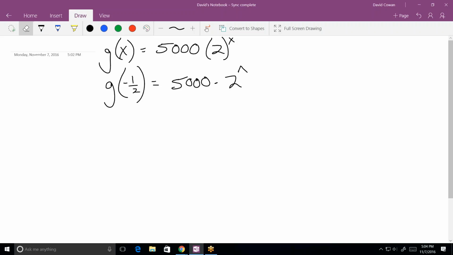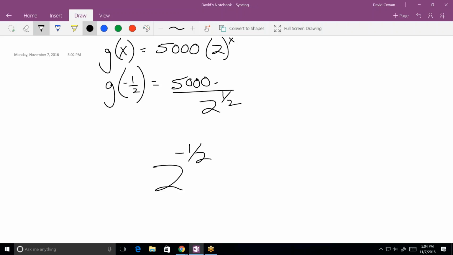However, it's kind of important to make sure you know what a negative exponent means. 2 to the -1/2 is first of all the same as 1 over 2 to the +1/2. That's what the negative exponent means. That's the same as 1 over square root of 2.